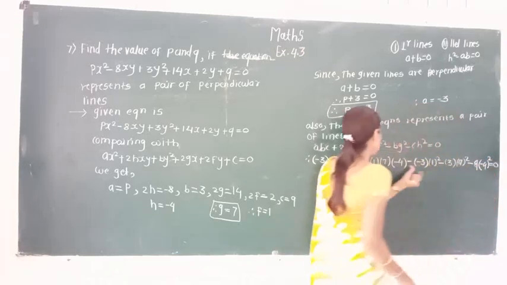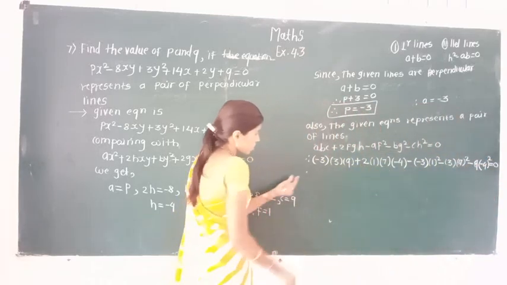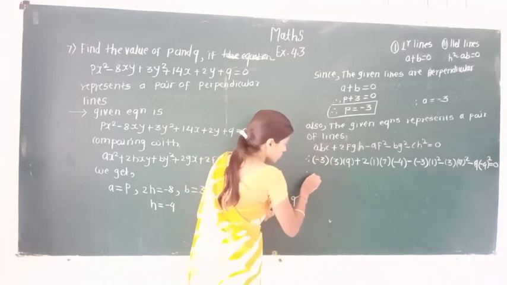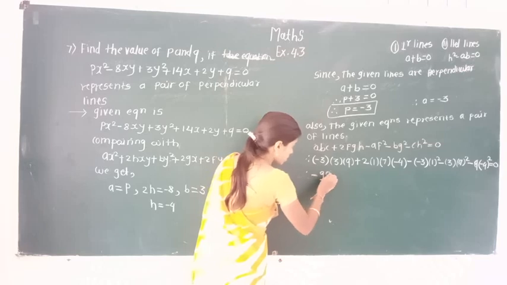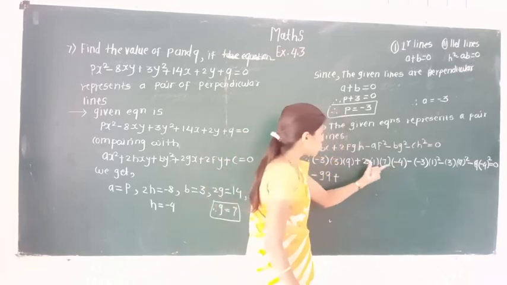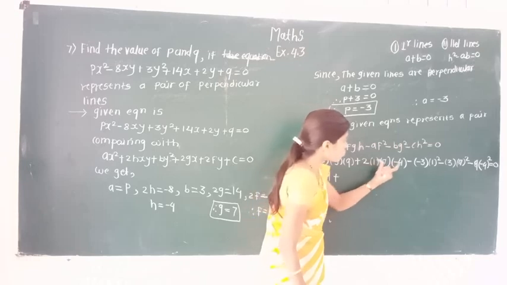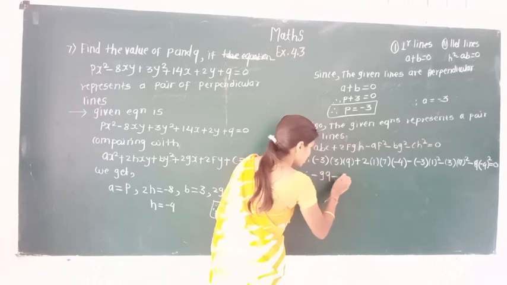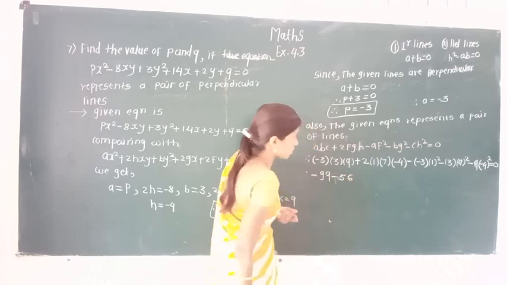Okay. Now simplify this condition. Take a product of these two terms. 3 3s are 9. So minus sign take as it is, minus 9q, plus take a product of these two terms is here 14, and 14 4s are 56. Here is the minus sign, minus 56.